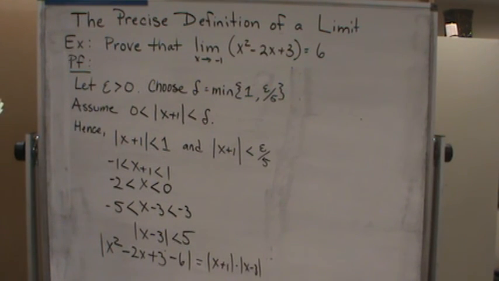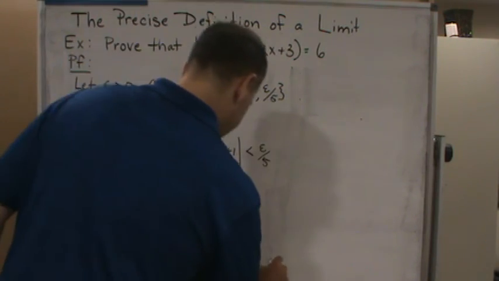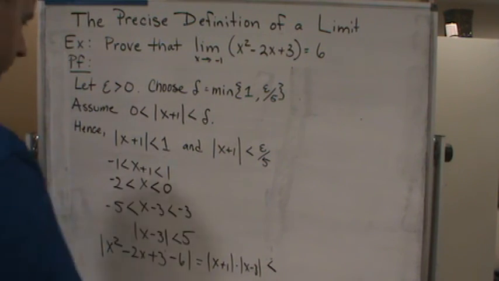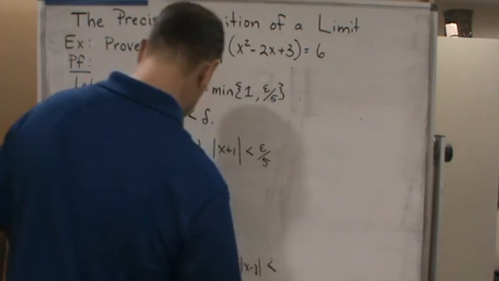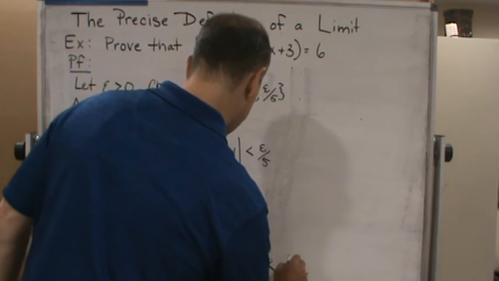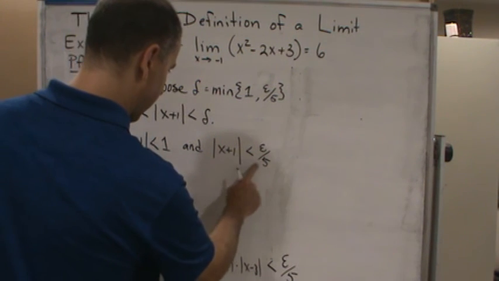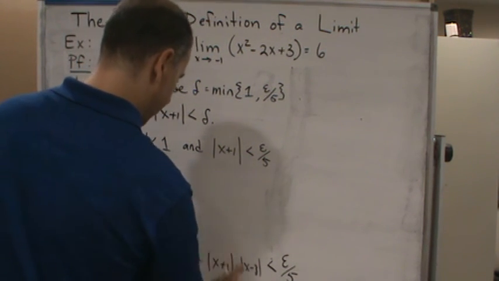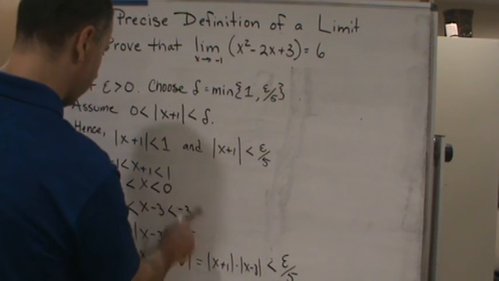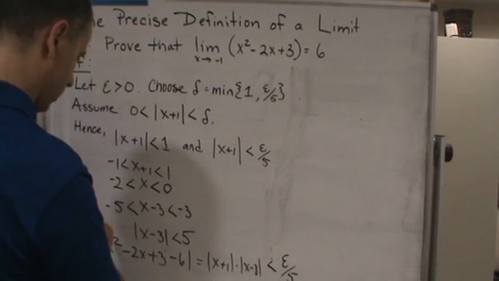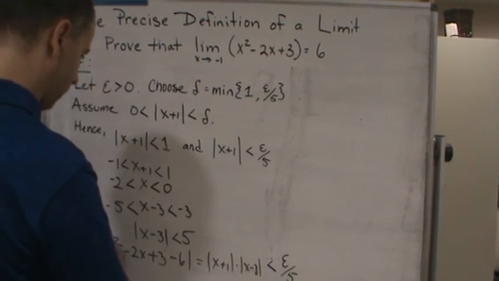what? We know that this is less than what? Epsilon over 5, right? That's this one right here. And this right here, where is it? Oh, right here.